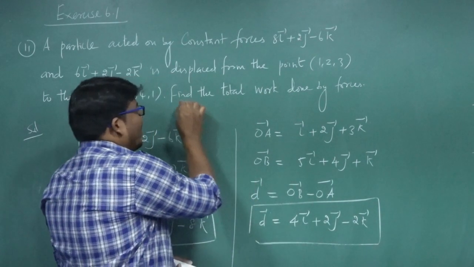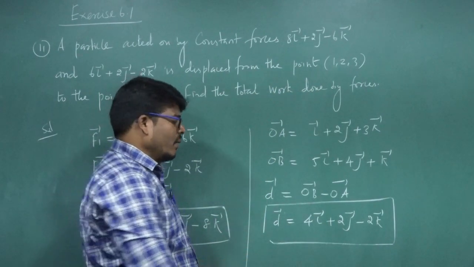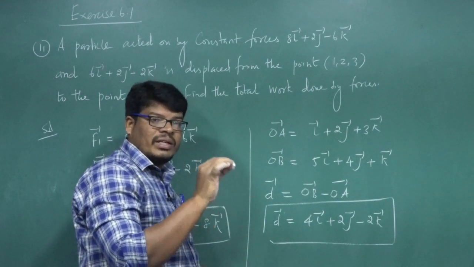Now find the total work done by the force. Already you know the work done by a force is W equal to F vector dot d vector.